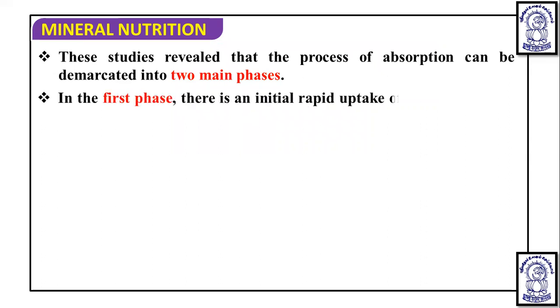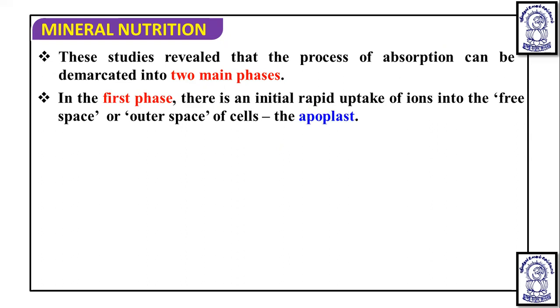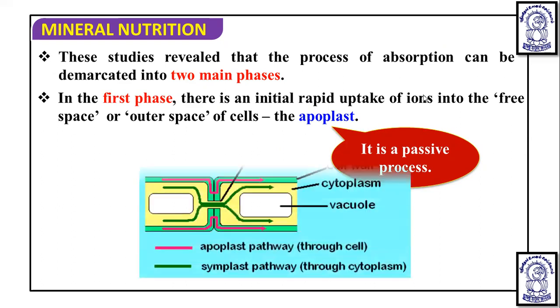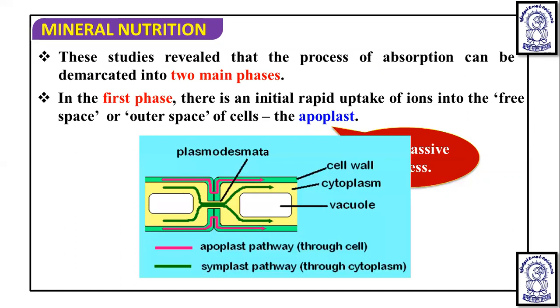In the first phase, the initial phase, there is an initial rapid uptake of ions into the free space or outer space of the cell, that is the apoplast. The apoplast consists of the cell wall and the intercellular space, and absorption occurs rapidly. Apoplast is passive transport, so ATP is not required.